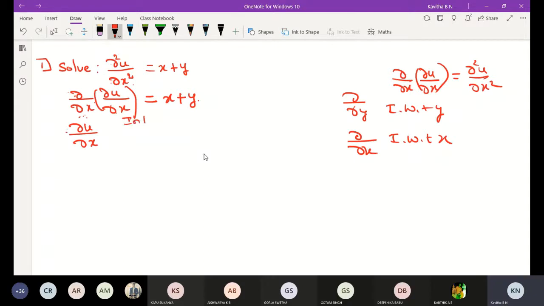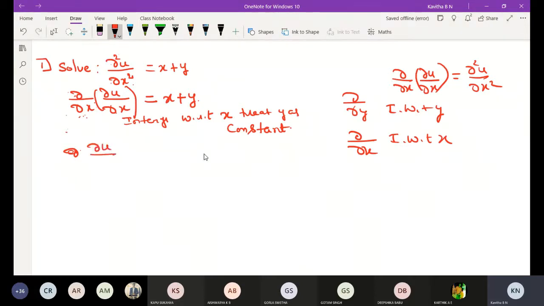Write down here: integrating with respect to x, treating y as a constant. ∂u/∂x. Integrating ∂u with respect to x, the integration and ∂/∂x get cancelled.